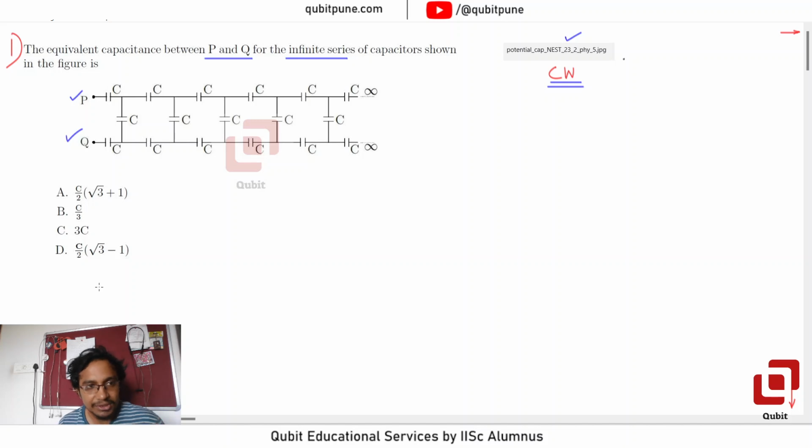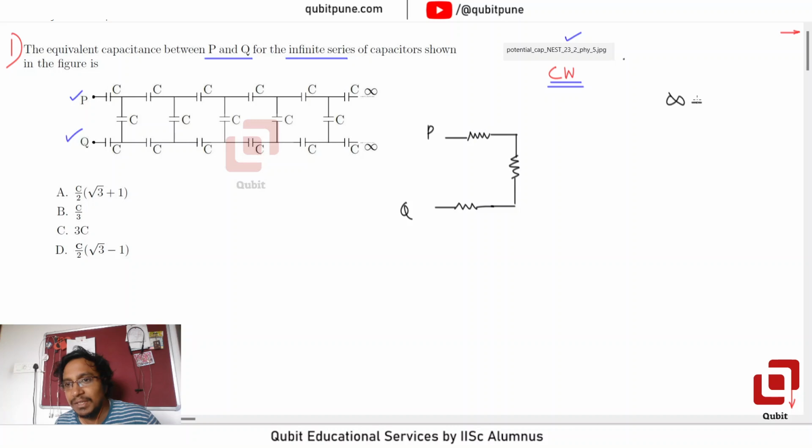The structure of this problem is very similar to the problems which we solve in current electricity, where instead of capacitors we have resistors. You must have seen the network of resistors also like this. Let's say this is P and this is Q, and then we have the whole network getting repeated.